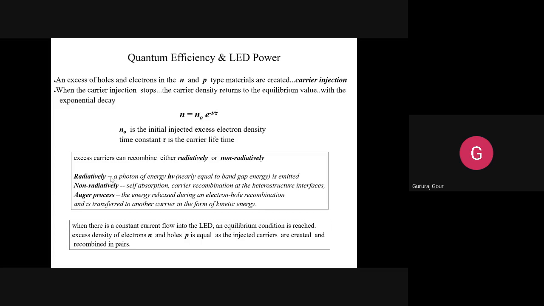That can also be reduced by keeping the band gap energy small. And we are interested much more in the non-radiative categorized carriers. Do you understand? This is another inference we can make.